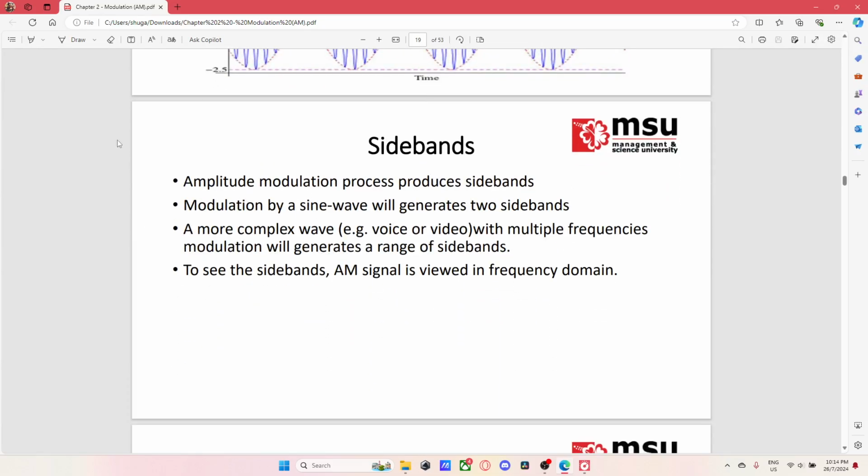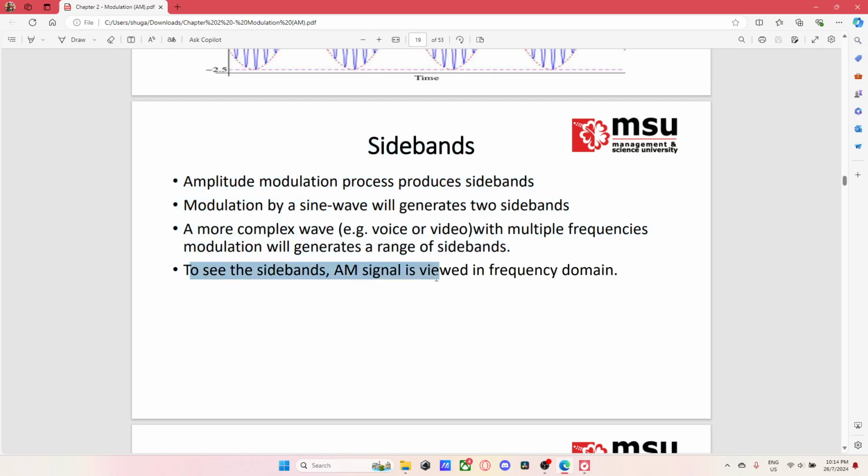So let's go through the sidebands. The amplitude modulation process produces sidebands, and modulation by a sine wave will generate two sidebands. A more complex wave, such as voice or video with multiple frequency modulation, will generate a range of sidebands. This one is no need to be worried about, where we will only focus on one.